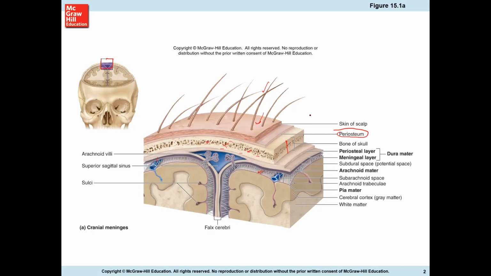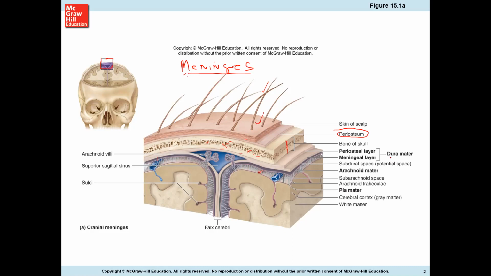So now, here's the coverings of the brain. And the coverings of the brain are called meninges. That's kind of a cool word to say, but meninges, right? Those are the coverings. Now, it's also the spinal cord too, but they're just showing you the brain. So I have to point one thing out that's different between the brain and the spinal cord as far as the meninges go.